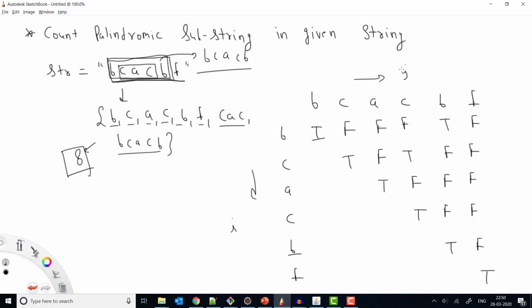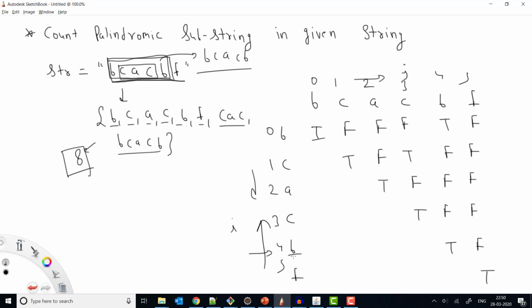Now we start from here and check; this is i and this is j, right? If you say these indices are 0 1 2 3 4 5, and here also 0 1 2 3 4 5, then for the last row I need not check because it is only one. Now I start from the row previous to the last row and keep going to the top.